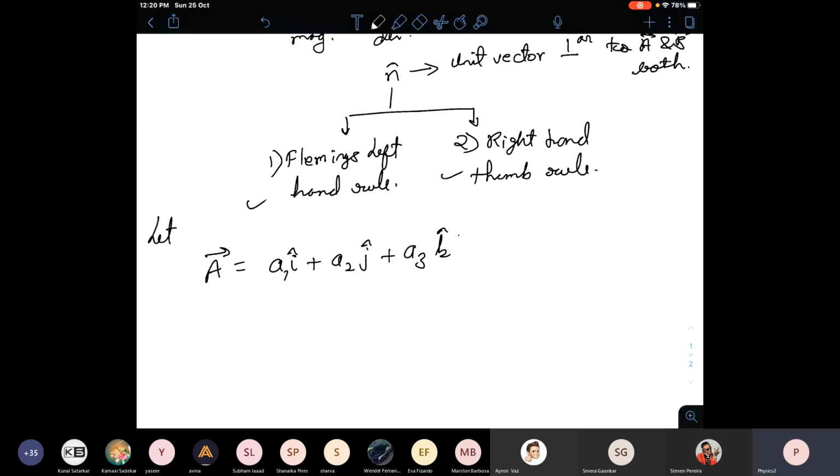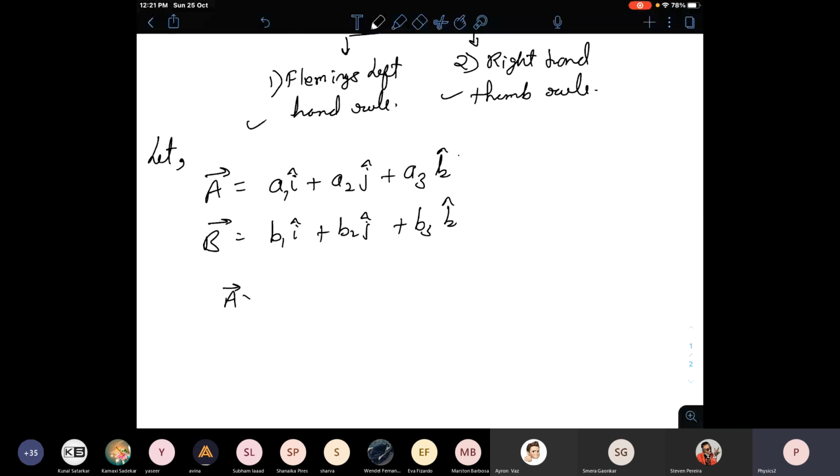Okay, what we need is we need to find a cross b. Okay, what is the value of a cross b vector? We need to find this. Okay, so there is a particular way to find this a cross b. We will see that, but first the basics.